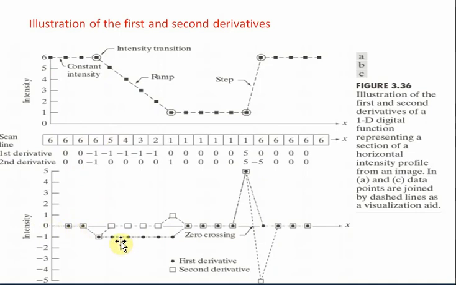For constant intensity, the value is 0. For slowly changing intensity, like a ramp, you get a small nonzero value. After that, for constant intensity, again 0. Then there is a change, which is actually an edge, where the value changes from a low value to a high value.